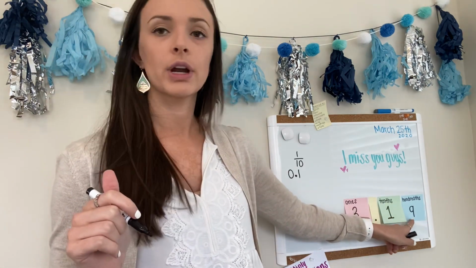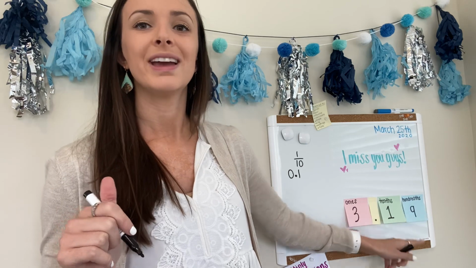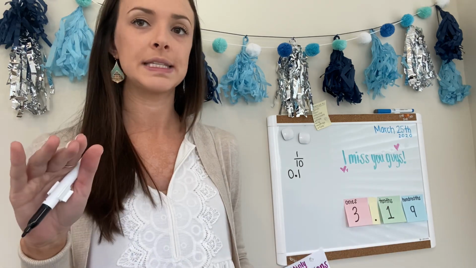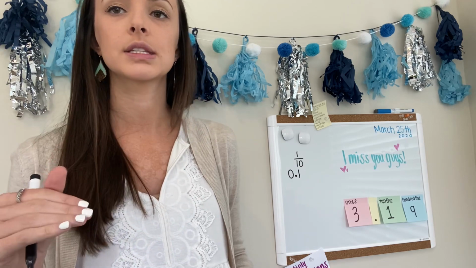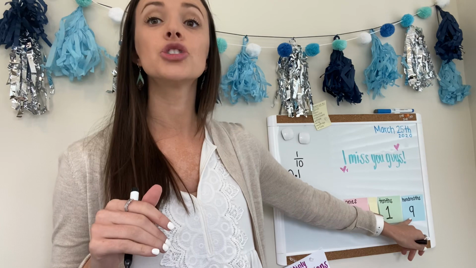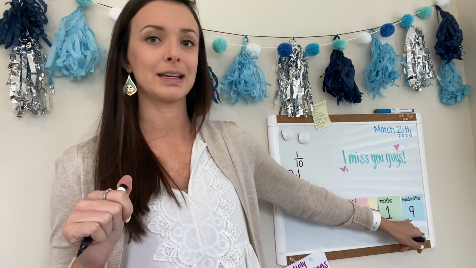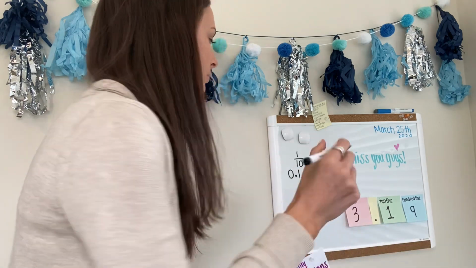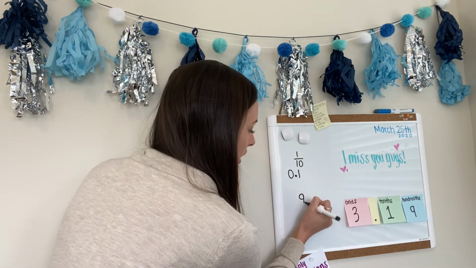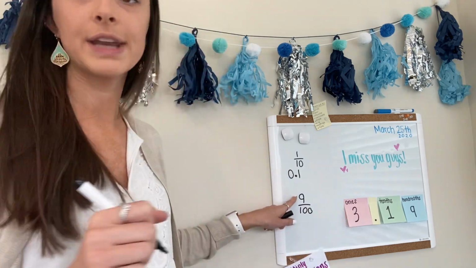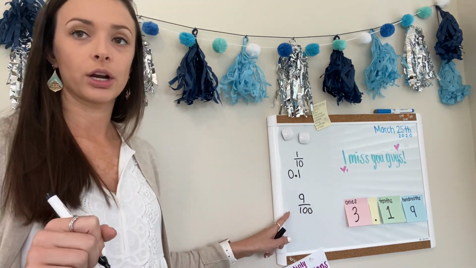Now let's take a look right here in our hundredths. And again, I'm adding that TH at the end. It's not hundreds, it's hundredths, okay? So right here, I noticed that the digit in my hundredths place is a 9. So that is 9 hundredths. As a fraction, you guys already know I can show that with a numerator of 9 and a denominator of 100.